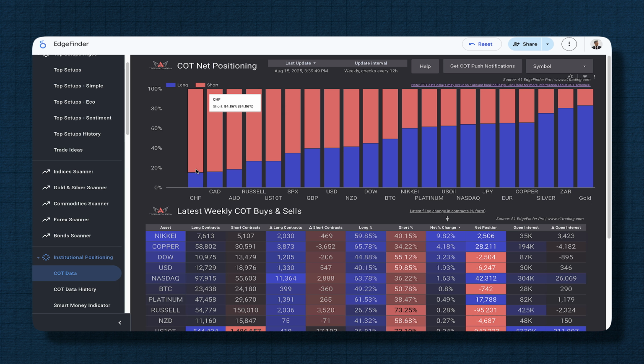You can see that the Swiss hedge funds are generally 84% short. You can see in gold, they're generally 83% long. This is good because it gives you an idea of what the institutions are doing. And obviously we want to line up with what the institutions are doing, or vice versa. Maybe your trading strategy relies on trading against the hedge funds. Then you can use this data to make your trades.